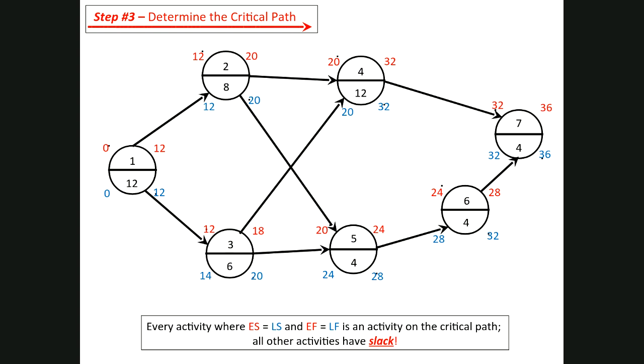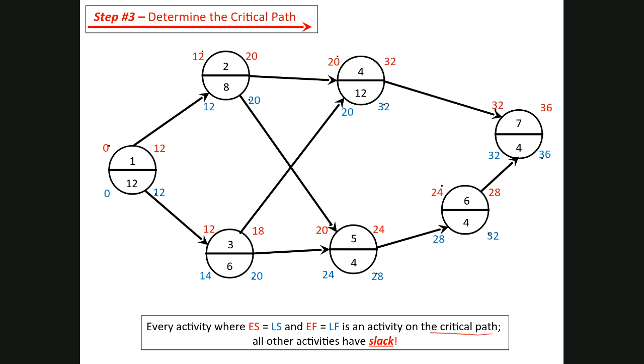So what that should mean, in fact, is that task 2 is a critical task, right? And if you identify the activities where the earliest start and late start are equal and the earliest finish and late finish are equal, those tasks are on the critical path. I'll talk about that again in a minute.